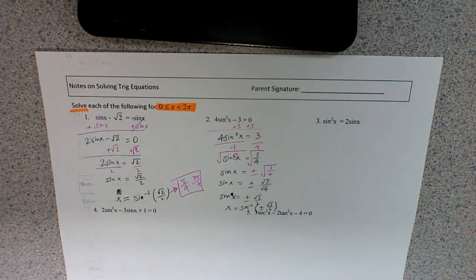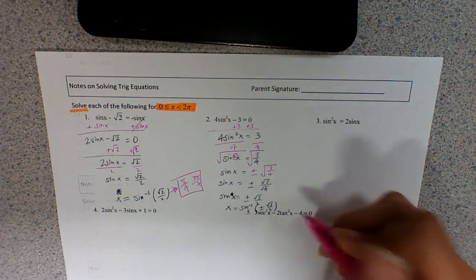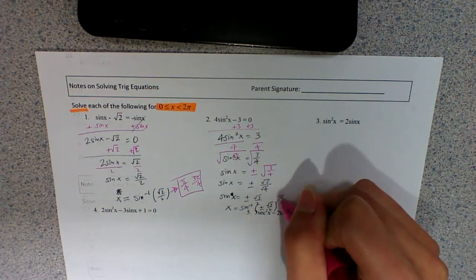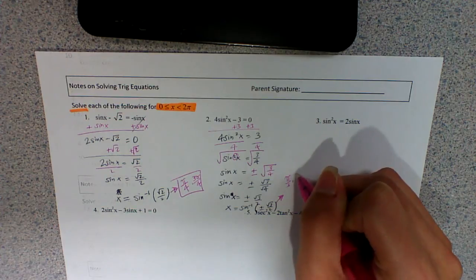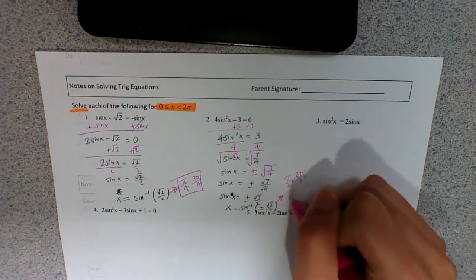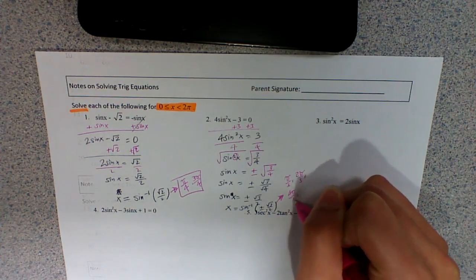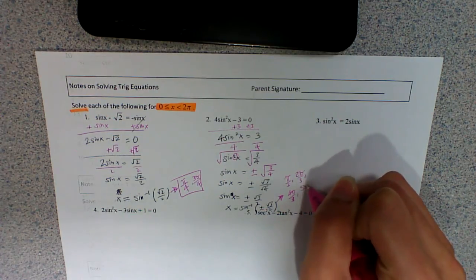So we should have 4 answers where sine is square root of 3 over 2. So our answers are all of our pi over 3 family members. Pi over 3, 2 pi over 3, 4 pi over 3, and 5 pi over 3.